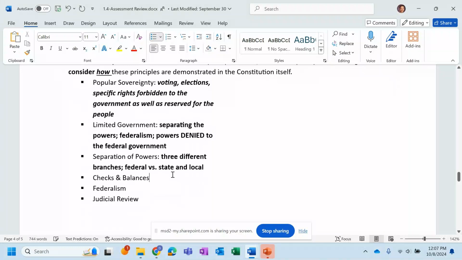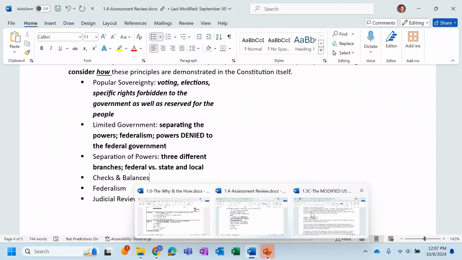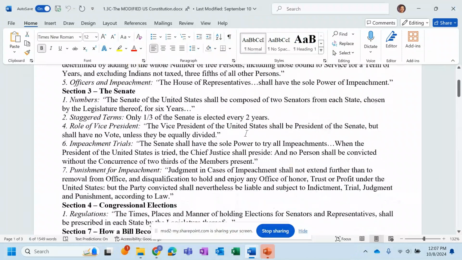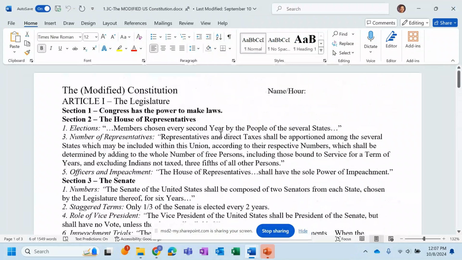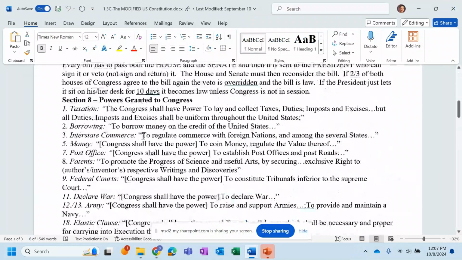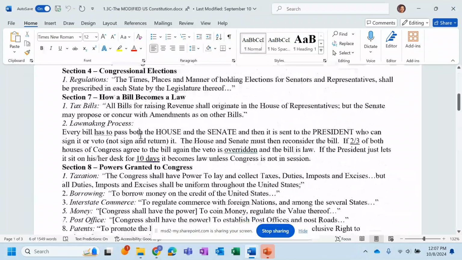Checks and balances. That just means one branch of government should be able to limit the other branches of government. So you've got a lot of these ones. You can see them built in here. For example, the one I like to do is look at powers of Congress and then how they also show up in the presidency. Passing laws: they have to pass laws, but also the president can sign it or veto it.